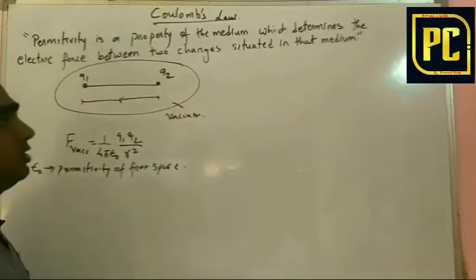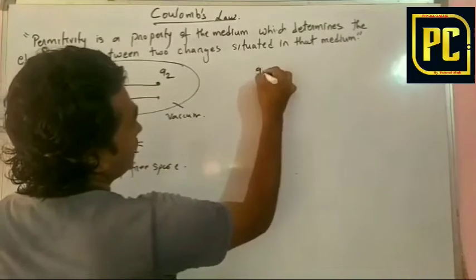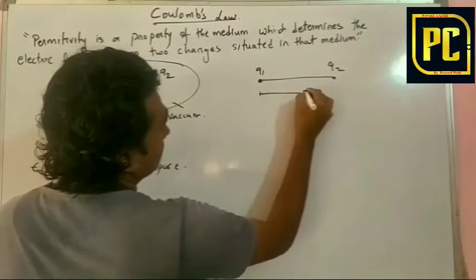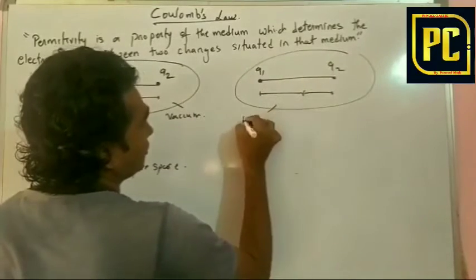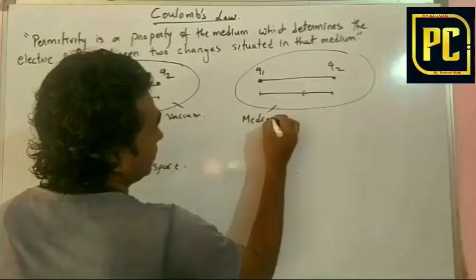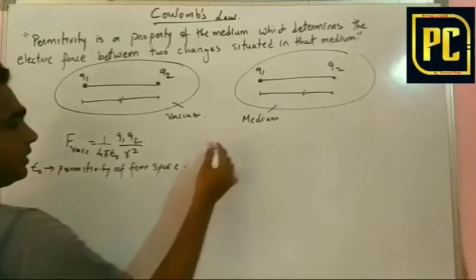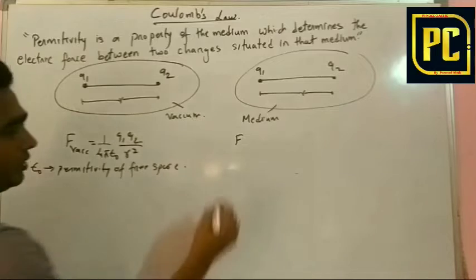Now if I take these two point charges Q1 and Q2 at the same distance in some other medium, the medium can be anything, water, alcohol, glass or anything. So what is the force in this medium?